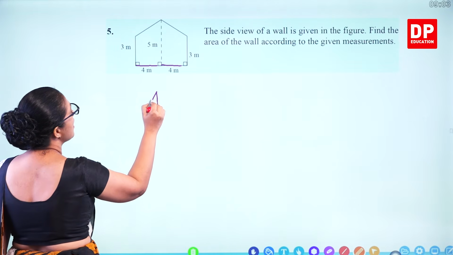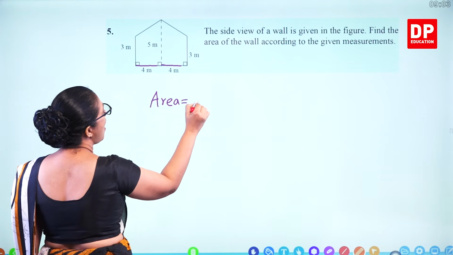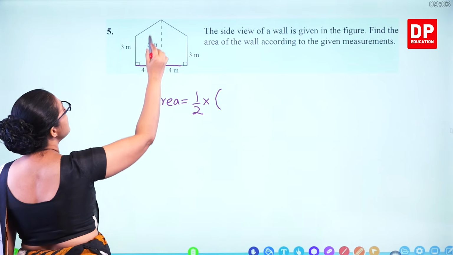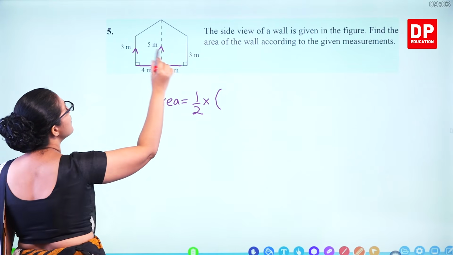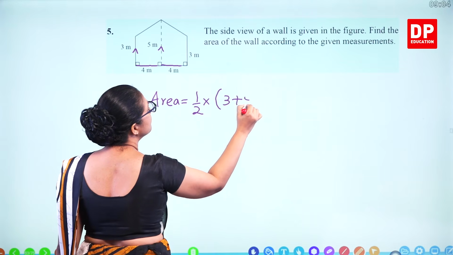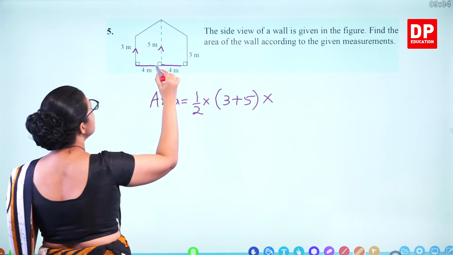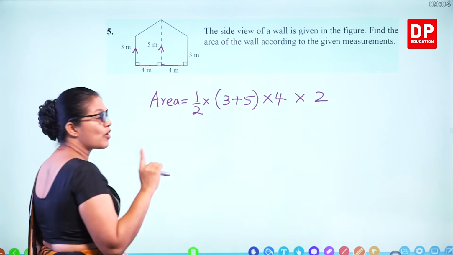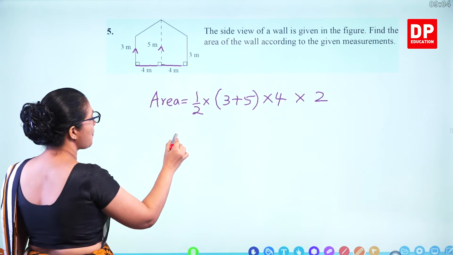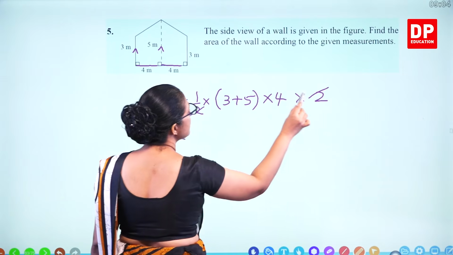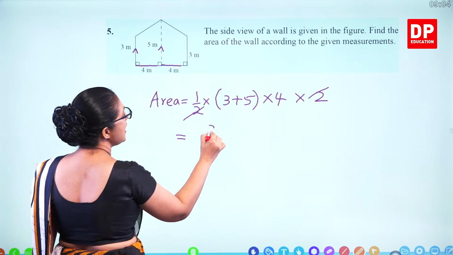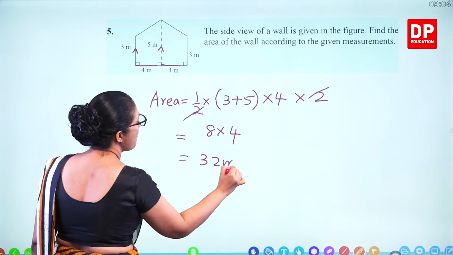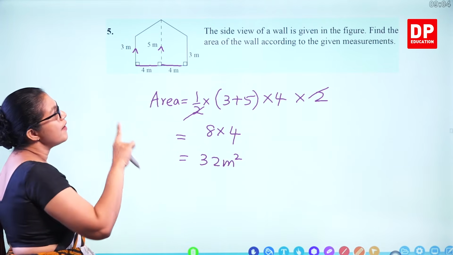So area becomes half, and the two parallel lengths are 3 and 5. The perpendicular height is 4. And you have to multiply this by 2 because you get two trapeziums. 2 and 2 get cancelled out. 5 plus 3, 8. 8 times 4, 32 square meters is the area of the wall.